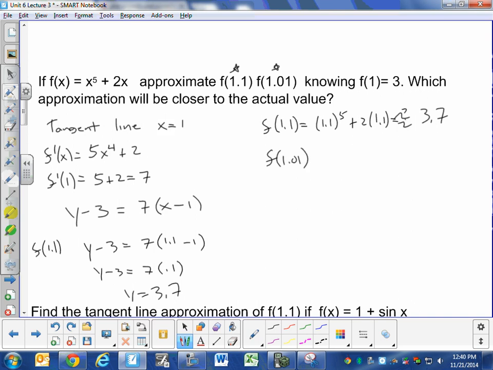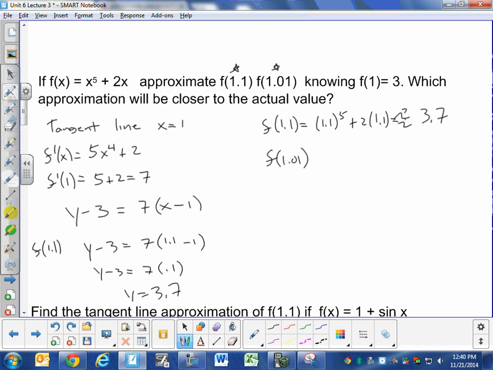Would I get a better approximation for this? Mr. Jesperson, you're nodding your head yes, and why? Yeah, closer to the actual point, the tangent line will be mimicking your function even more.